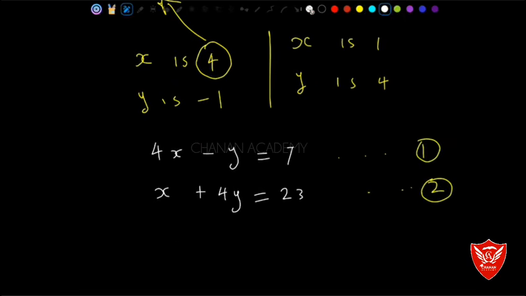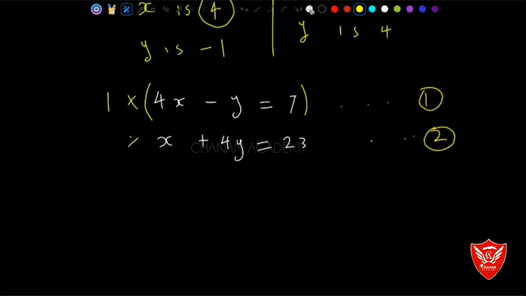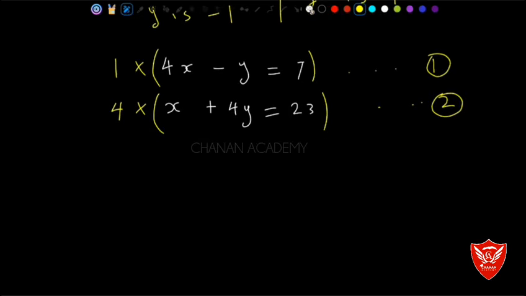Now we are going to multiply with the coefficient of x. So we are going to multiply equation 1 by 1, so let's put this in brackets, and equation 2 by 4, so let's put this in brackets. If we multiply the first equation by 1, we have 4x minus y equals 7.